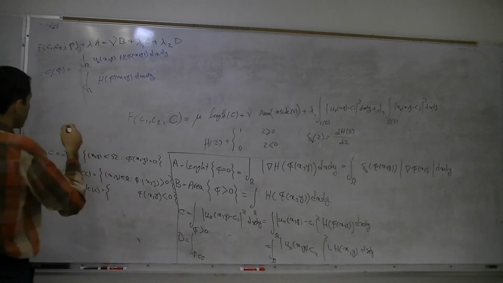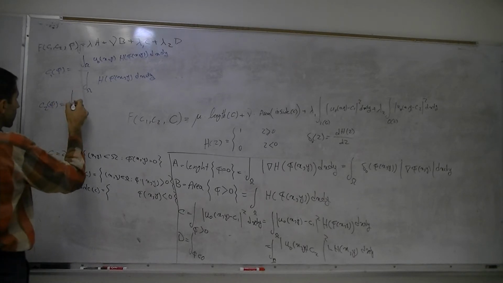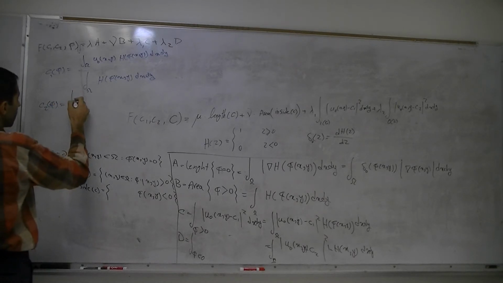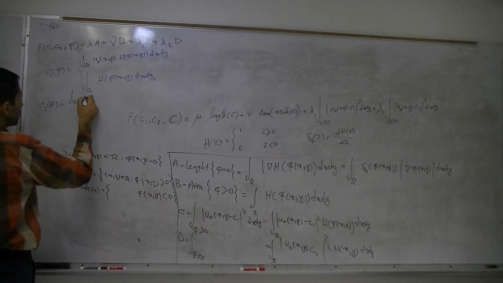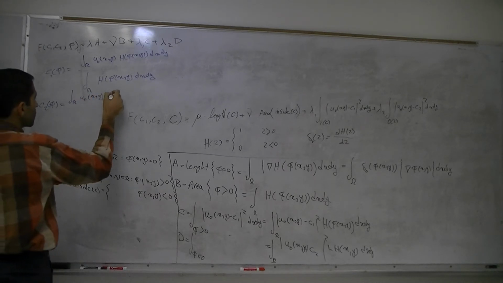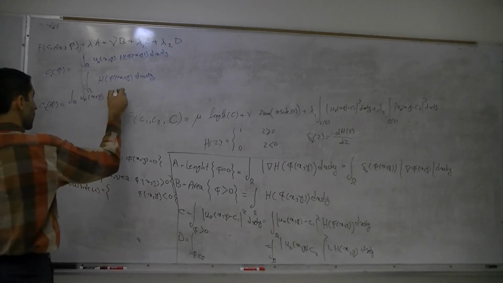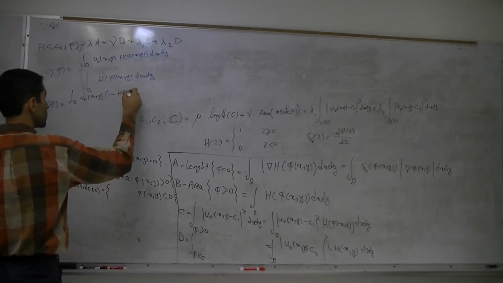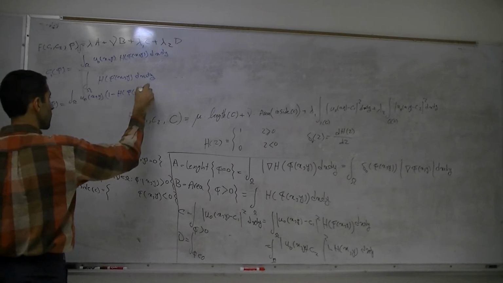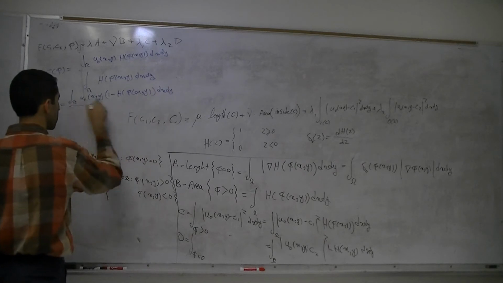In the same way, c2 of phi is equal to the integral of u0 of x, y times 1 minus h of phi x, y, dx dy, over the integral of 1 minus h.